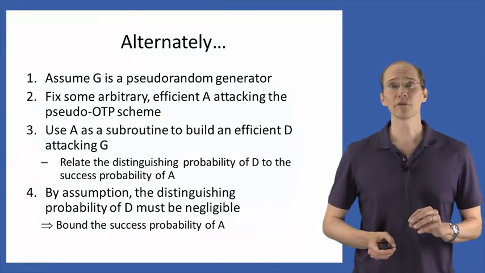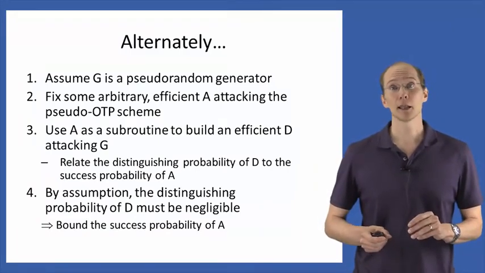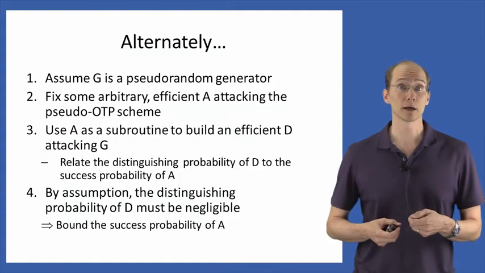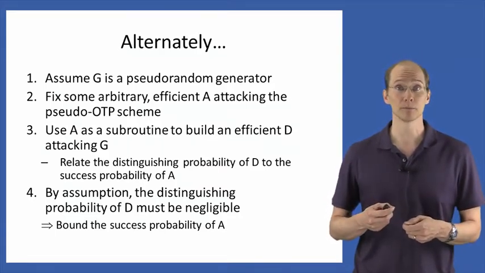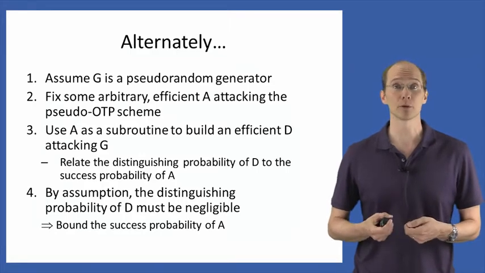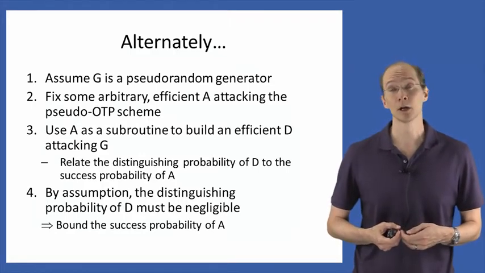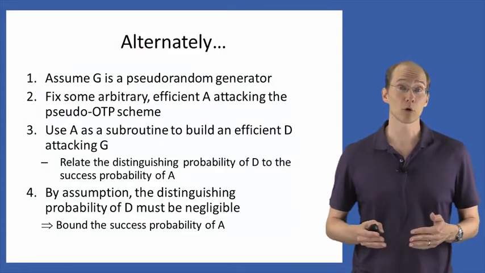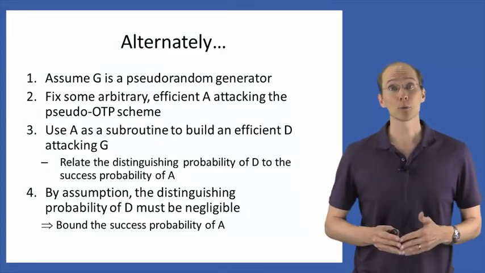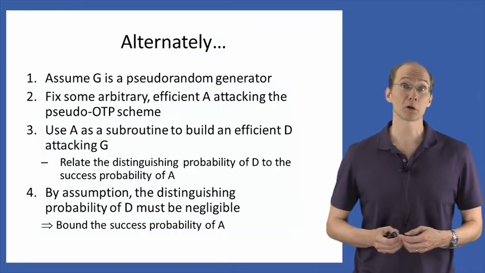An alternate way of viewing what we just said is, rather than working toward a proof by contradiction, as we did on the previous slide, we can work in the other direction. This is really just a reframing of what we had on the previous slide, and it is more along the lines of the proof we're actually going to show. Again, we'll start with the assumption that G is a pseudorandom generator.